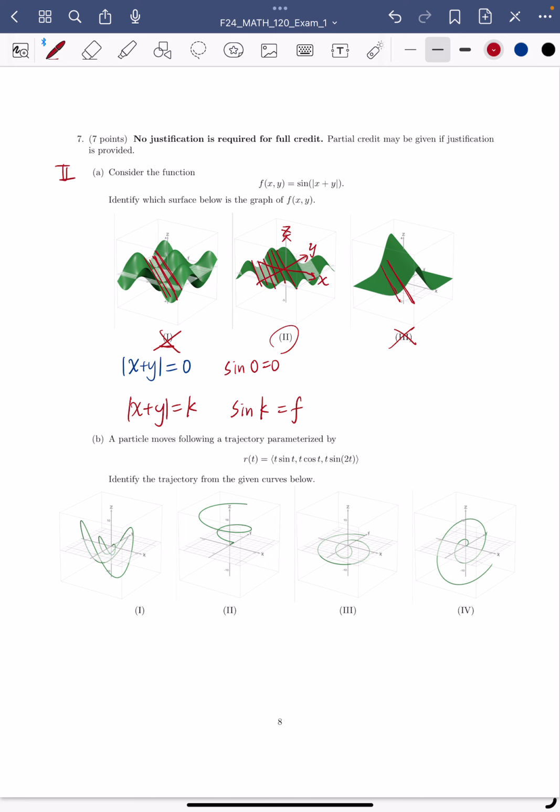So when t increases, your t sine 2t is increasing, provided that your t is between these numbers.